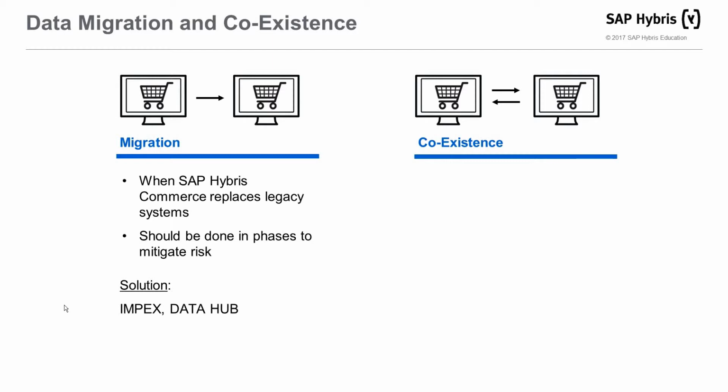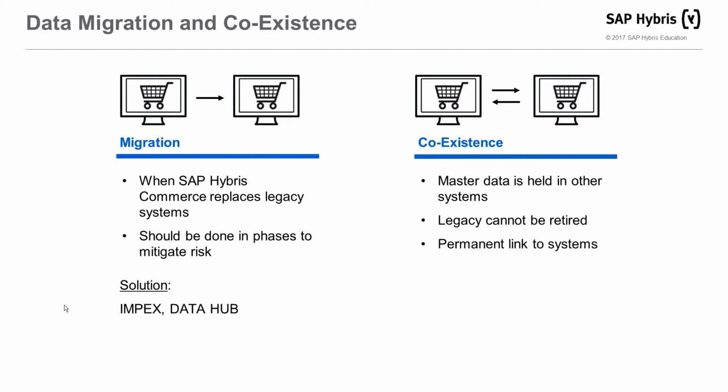The second strategy is coexistence. This strategy applies when master data for products and customer accounts is in legacy systems that must be maintained for business reasons. In such a scenario, a permanent bidirectional or unidirectional link is established between the Commerce Suite and these legacy systems.